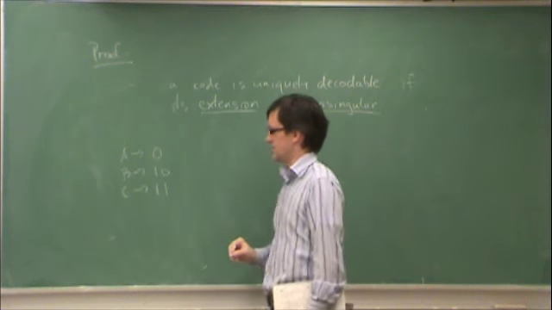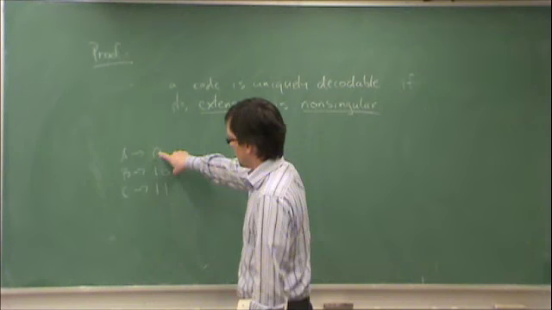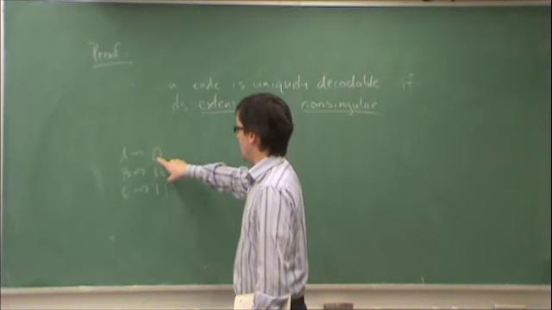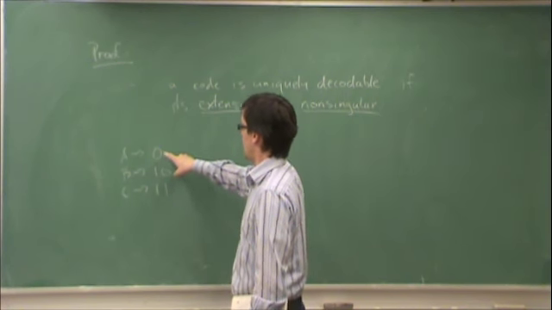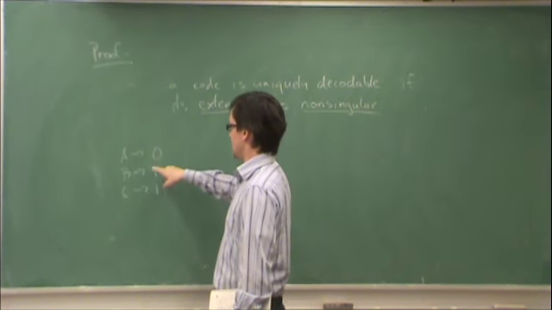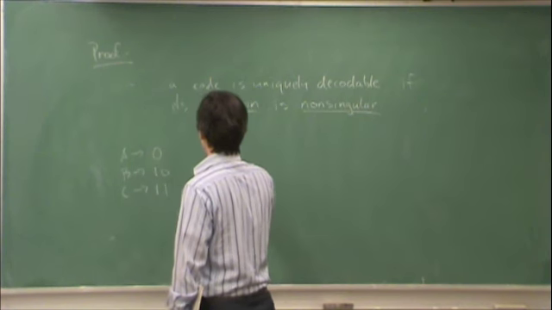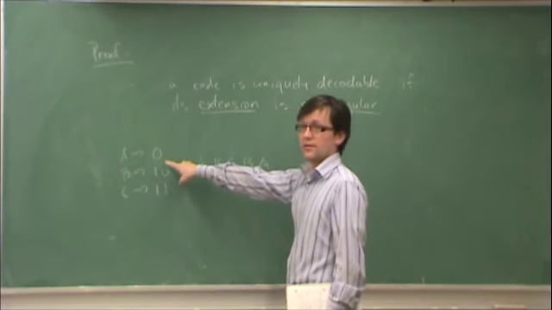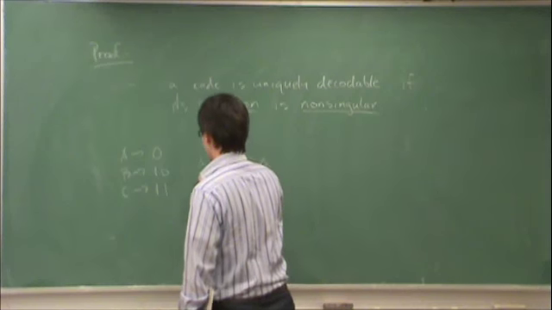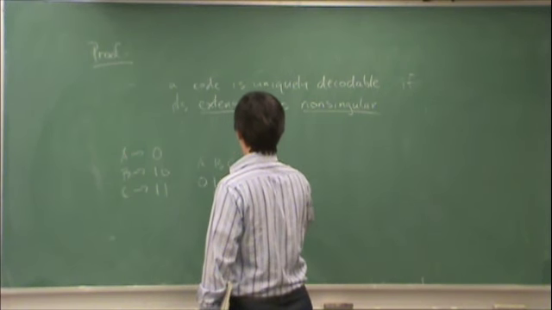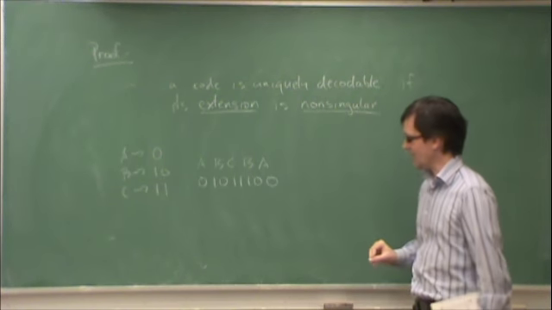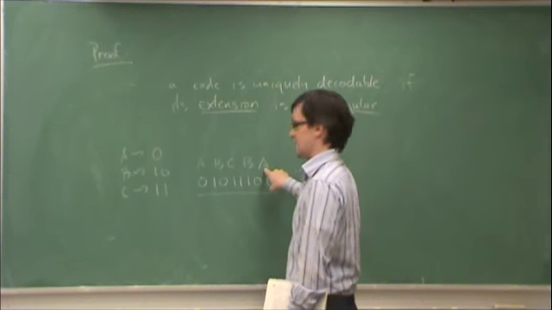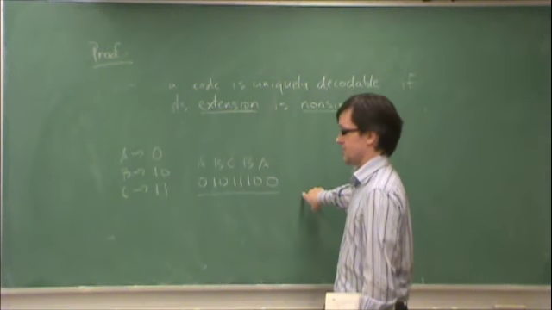The extension of this code was all collections of, basically substituting in, all sequences where, for instance, if I had A, B, C, B, A or something, then I would just substitute in the code word for each of these. And this is the extended code word. So the extension is basically mapping vectors of source letters to vectors of code bits.